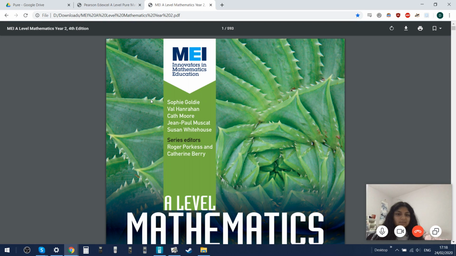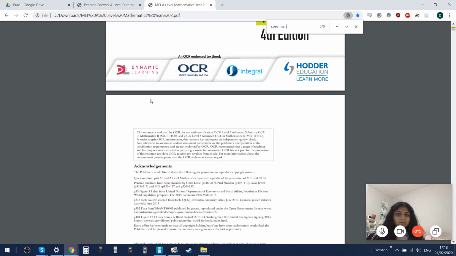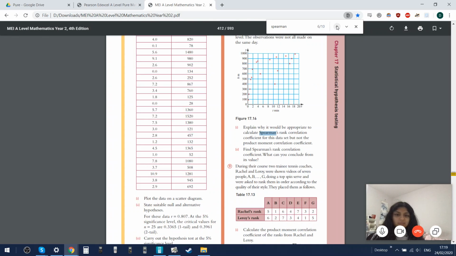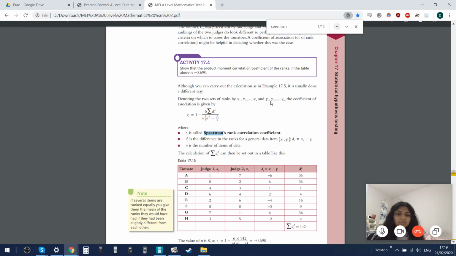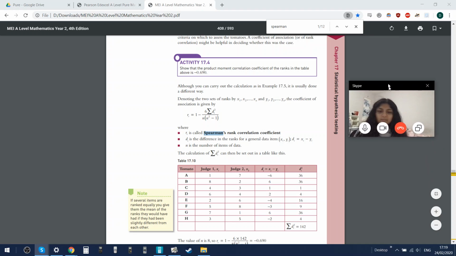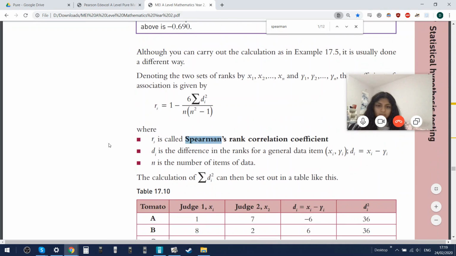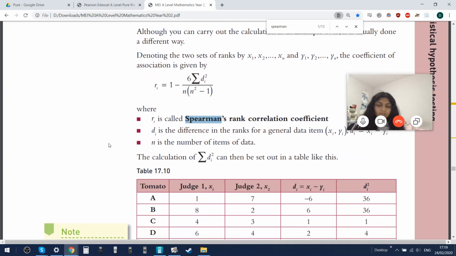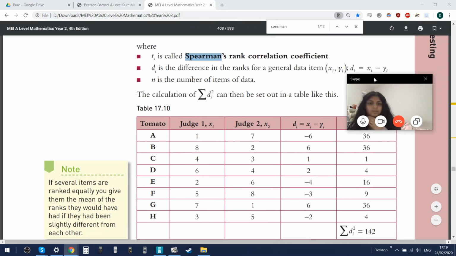Let me check this thing. I was looking at it today. It might be called something different in the book. I'm not sure. No, they called it Spearman. Here we go. Yeah, it's a different thing. Okay. So this is Spearman's rank correlation coefficient.